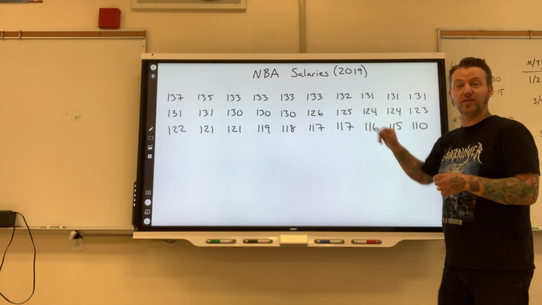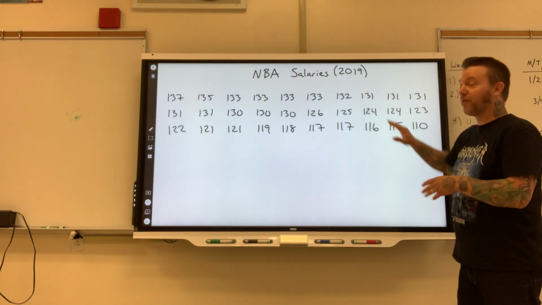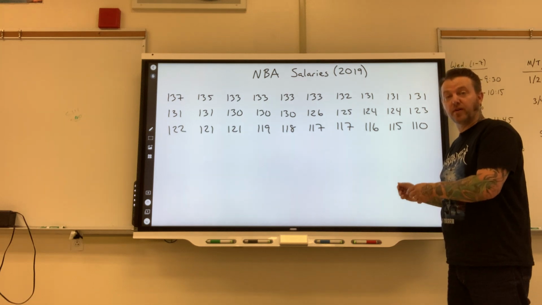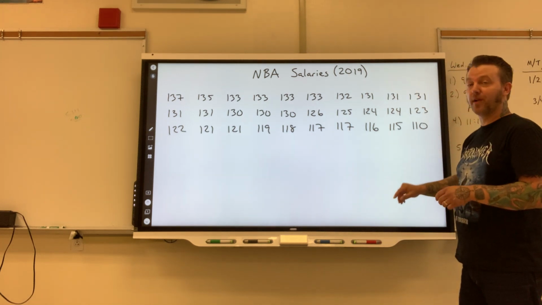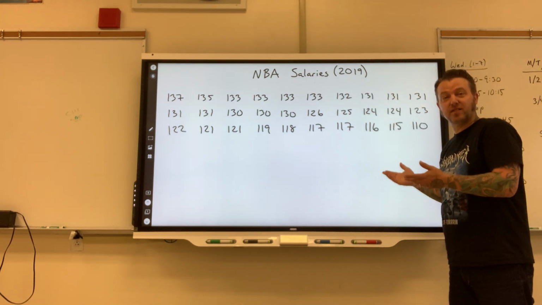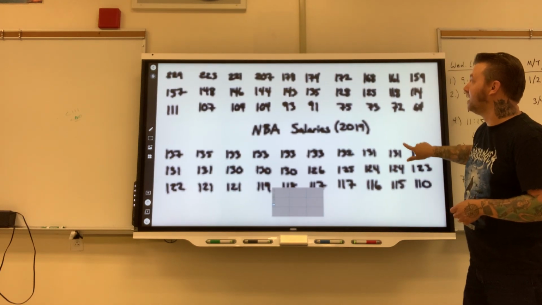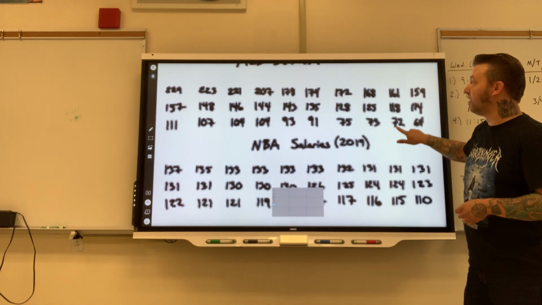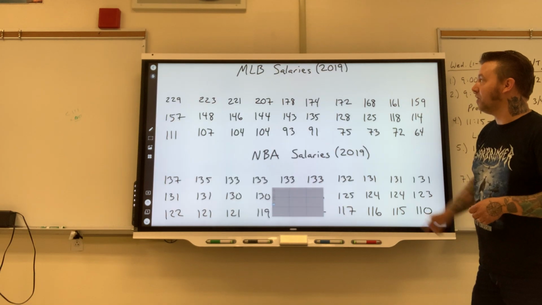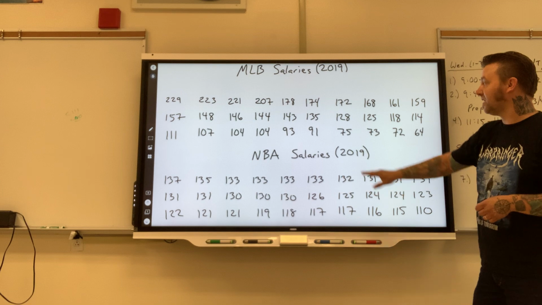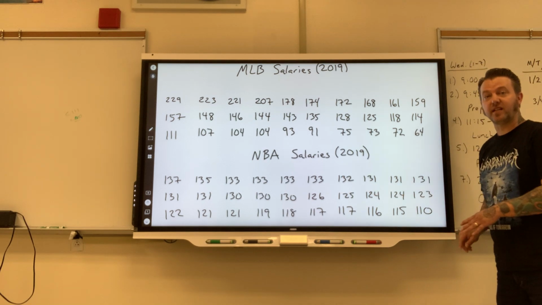The baseball player ones we did were from 2020. If I'm going to compare two sports, basketball and baseball, I'm going to use 2019 because those were full season years and it'll just make more sense. So there we go. MLB salaries 2019, NBA salaries 2019.